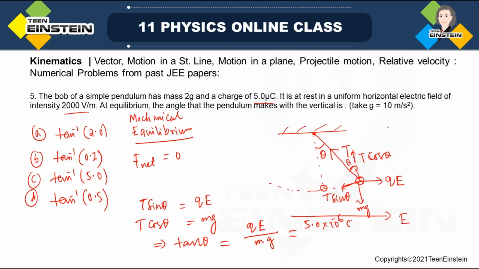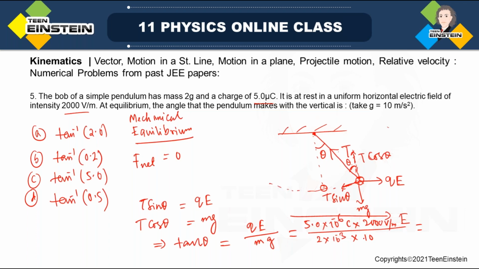And E is given as 2000 volt per meter. So m is 2 gram, that means 2 into 10 to the power minus 3 kg, into 10 meter per second square.